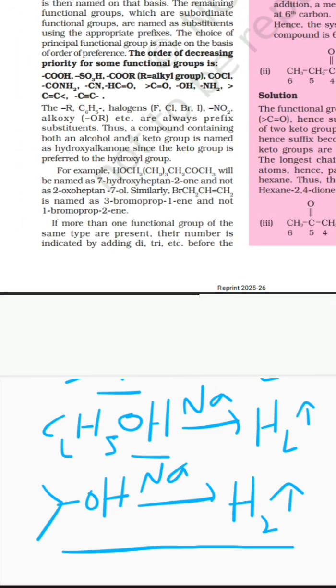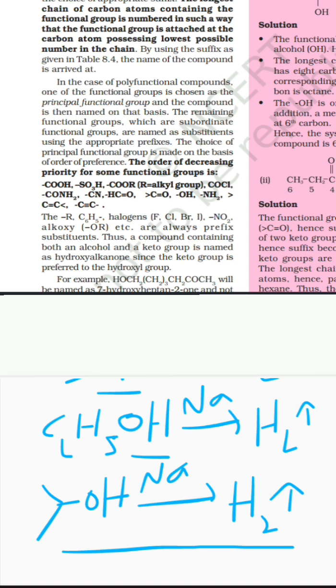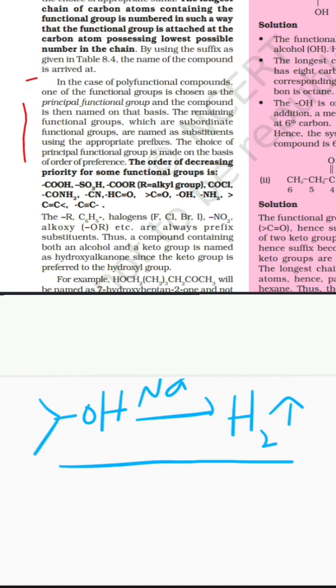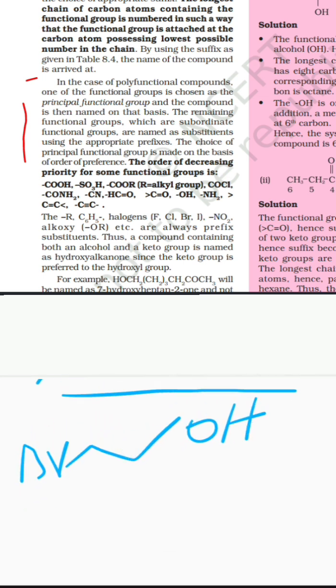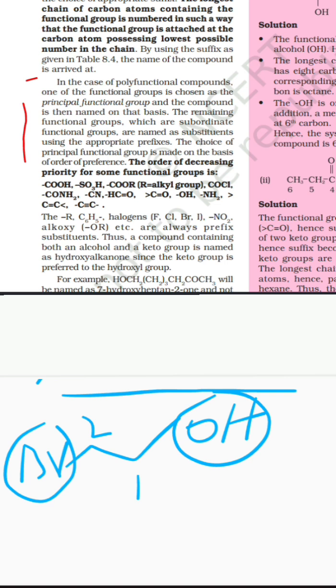In the case of polyfunctional groups, suppose we have this OH here, one functional group, and this side we have bromo. So this is one functional group and this is another functional group. Out of these two functional groups, the first number should be given to the carbon which is attached to OH, and then we have to give a number to the carbon which is attached to bromine, because a priority list is there.